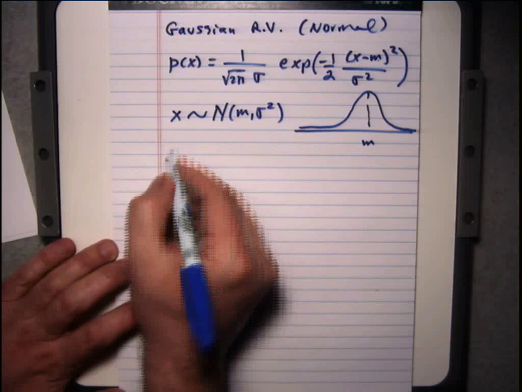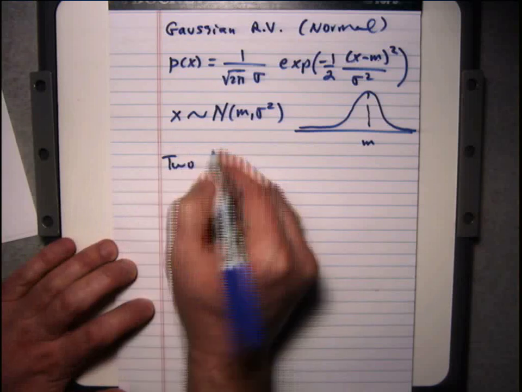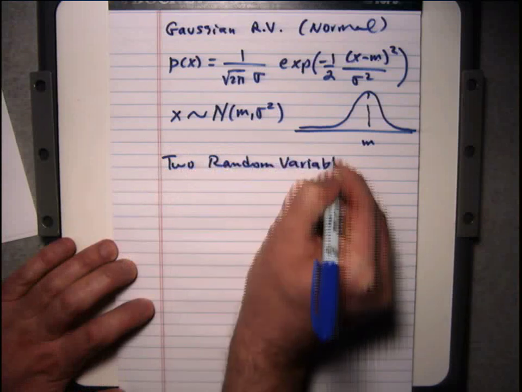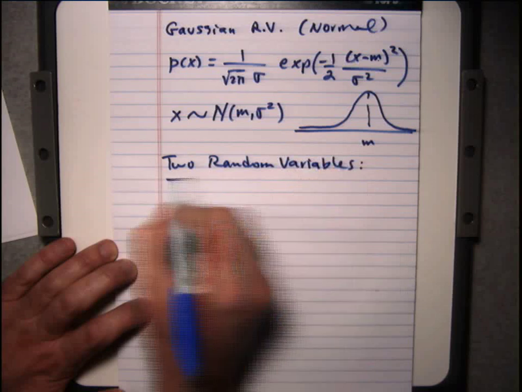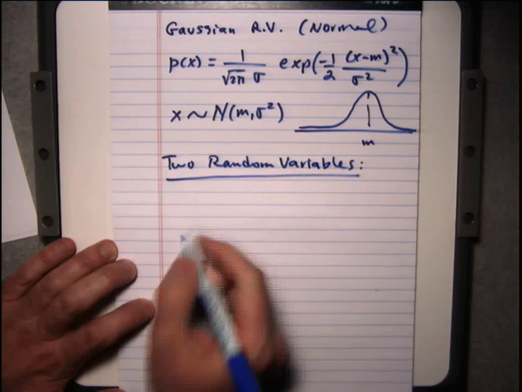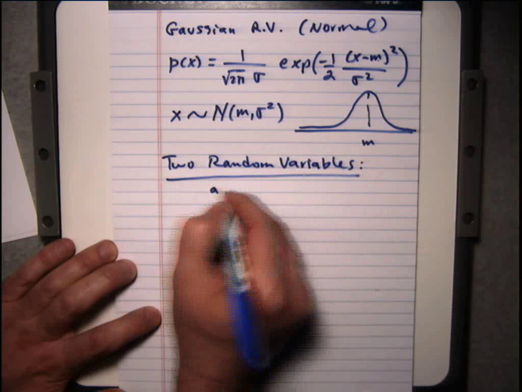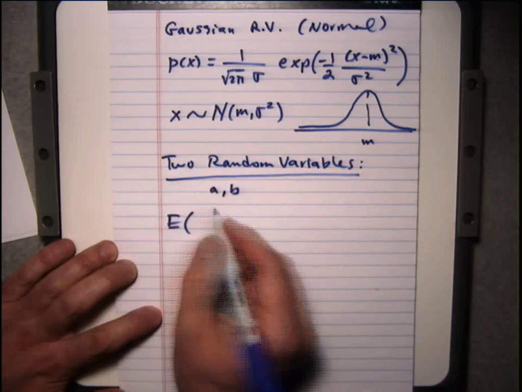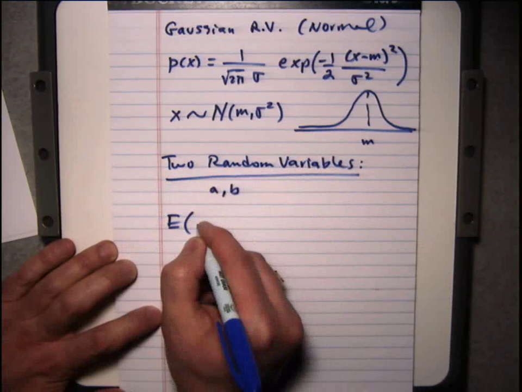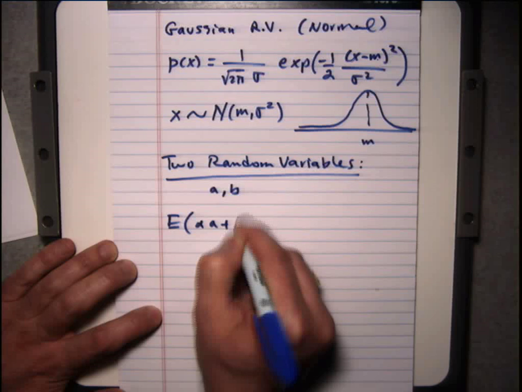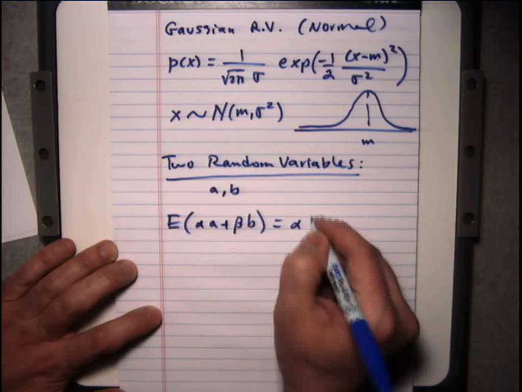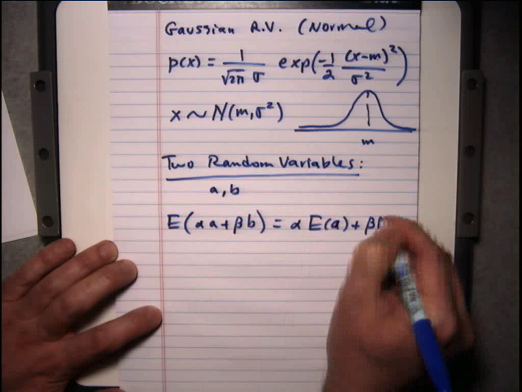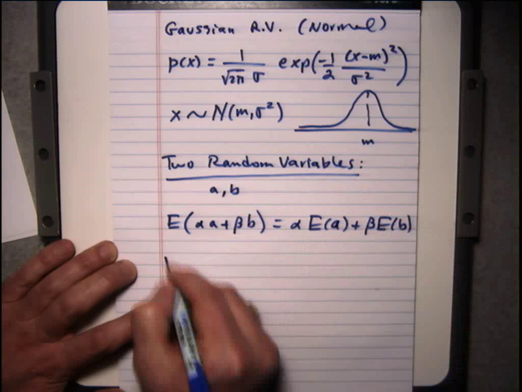All right, if you have two random variables, let's say A and B. The expected value of some linear combination of these, let's say alpha A plus beta B, is simply alpha times the expected value of A, plus beta times the expected value of B. What about variance?